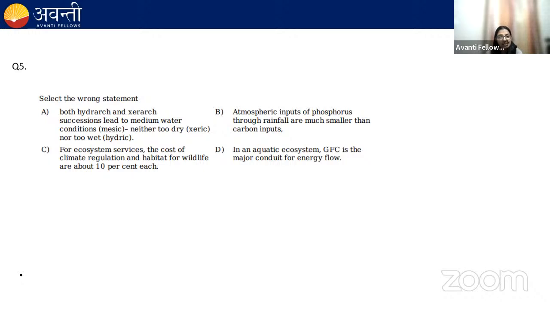C, for ecosystem services, the cost of climate regulation and habitat for wildlife are about 10% each. D, in an aquatic ecosystem, the grazing food chain is the major conduit for the energy flow. They're asking about the wrong statement. What do you think? What will be the correct option?